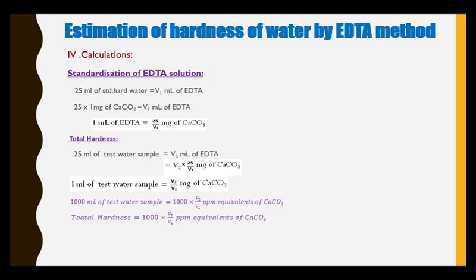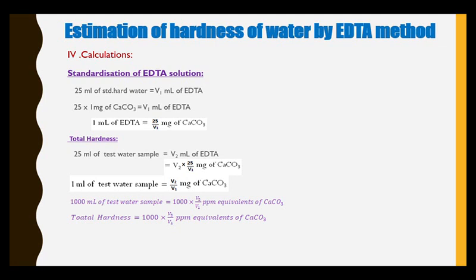Here the standard hard water means water with known hardness. We generally prepare it by dissolving 1 gram of calcium carbonate in a small quantity of HCl and making it up to 1 liter. So 1 gram means 1000 mg dissolved in 1 liter, that is 1000 mg per liter, or 1000 ppm.